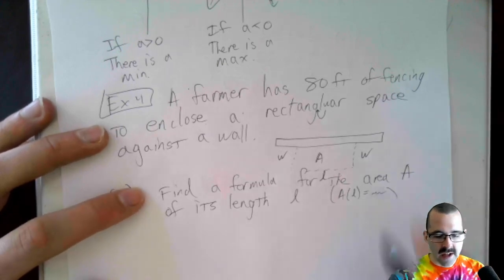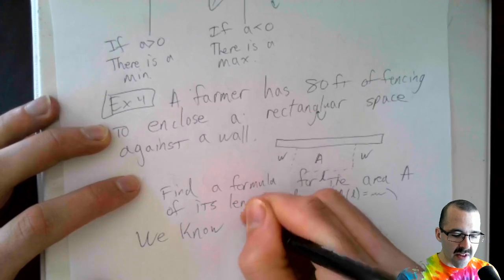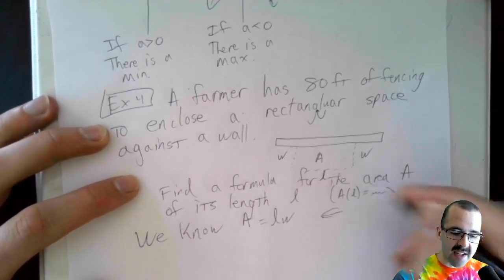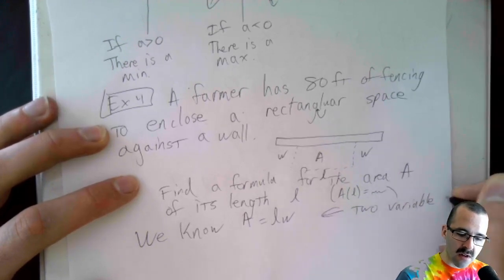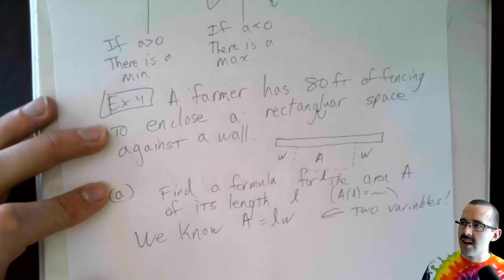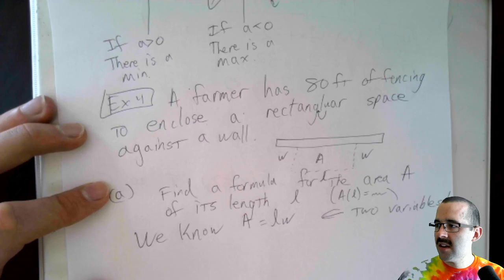So, what do we know? We know that the area is equal to the length times the width, right? But that's 2 variables. We do not want to worry about functions of 2 variables right now. We want functions of 1 variable.